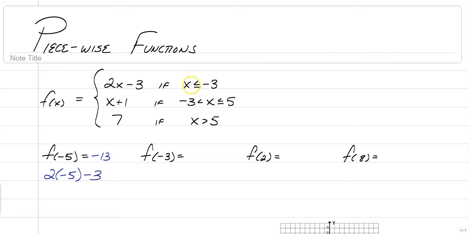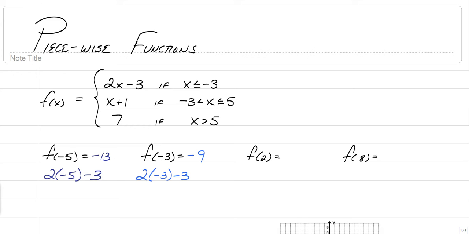And in this one, we need to pick negative 3 is less than or equal to negative 3. So again, we're going to substitute negative 3 into the top function. So we have 2 times negative 3 minus 3. So that's going to give us negative 6 minus 3, which is negative 9. Okay? So that's how you evaluate a piecewise function.